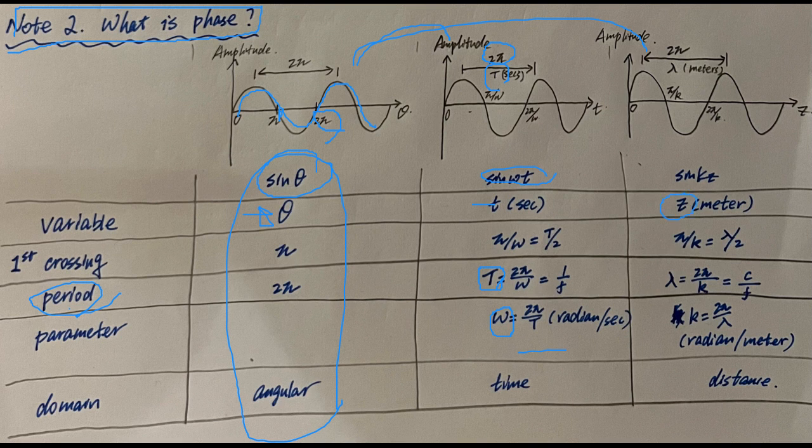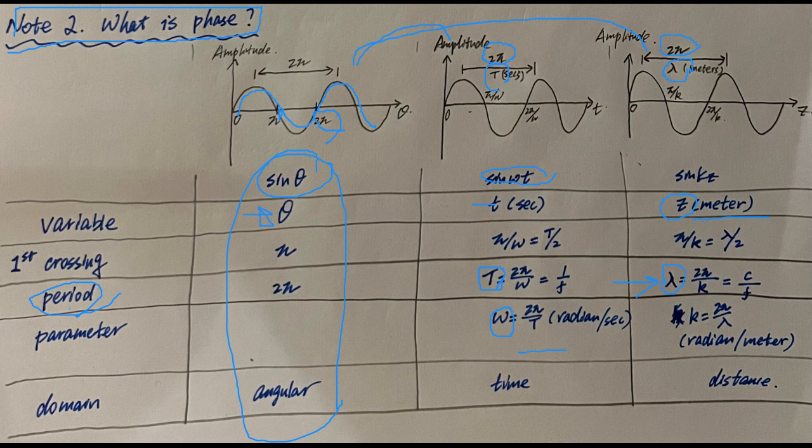Over one period from peak to peak, we have also traveled 2 pi, but the wave would have propagated over lambda, a wavelength of distance. So the period is the wavelength. You can see how these two are related. One cycle of 2 pi takes T seconds and travels a wavelength of distance.